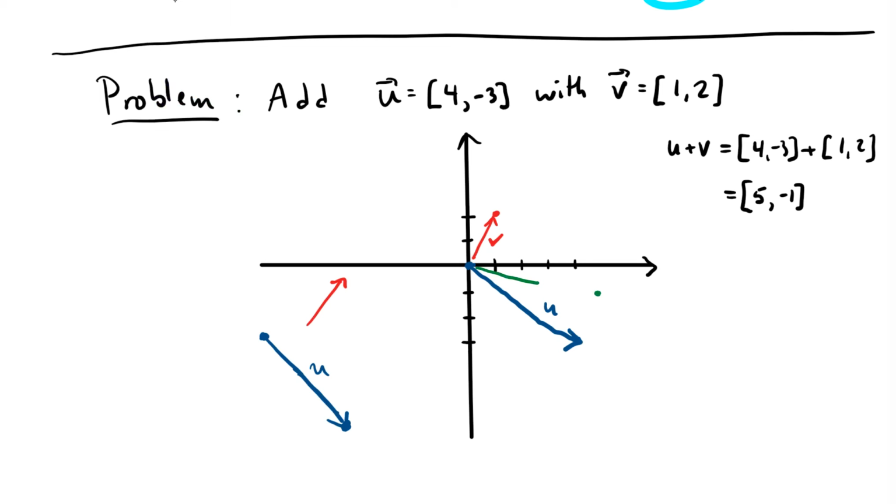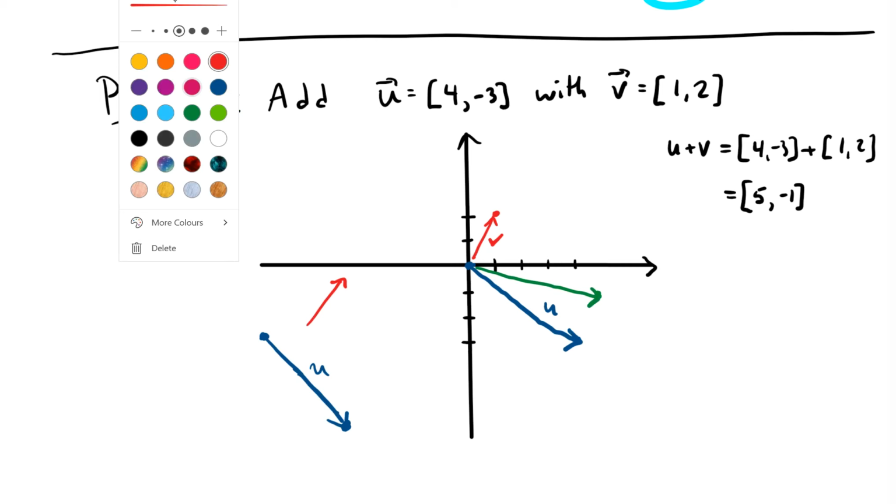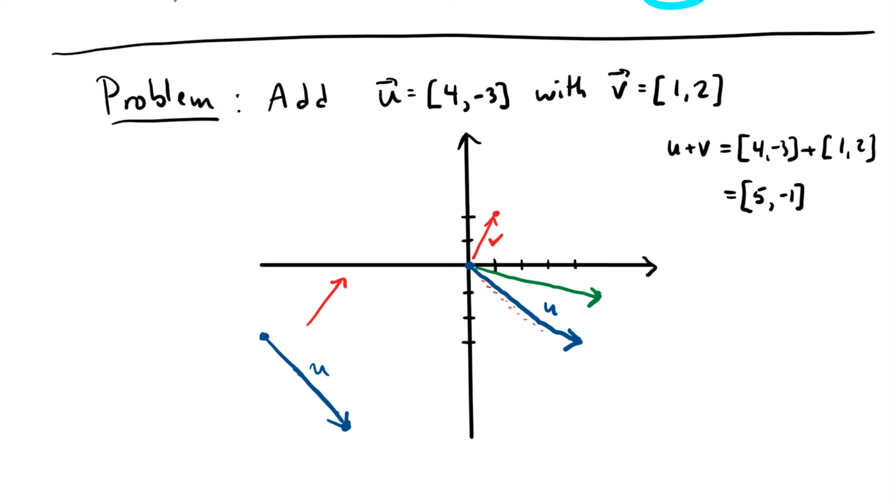So it would be this vector. And you can see that this makes a lot of sense, because if I do u plus v geometrically, I'm starting at the origin, going along u, along this path here, and then we add v, and v is this vector right there. So u plus v does give me the vector that you see drawn in green.